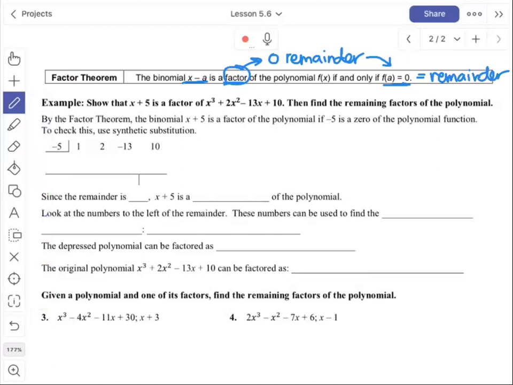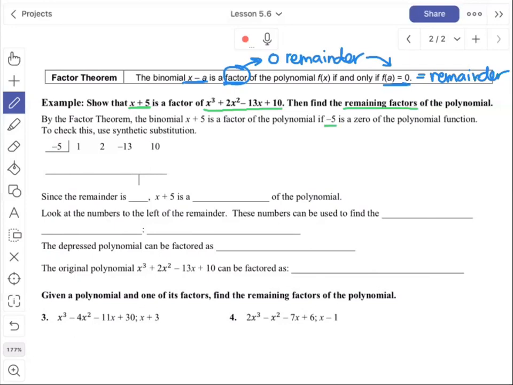It says, show that x plus 5 is a factor of this polynomial, and then find the remaining factors of the polynomial. All right, so by the factor theorem, the binomial x plus 5 is a factor if -5 is a 0 of the polynomial function.